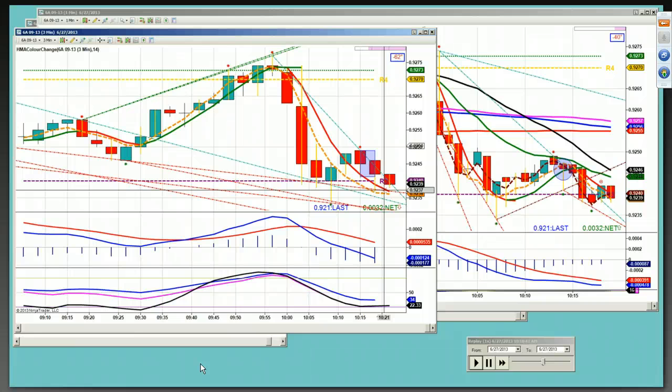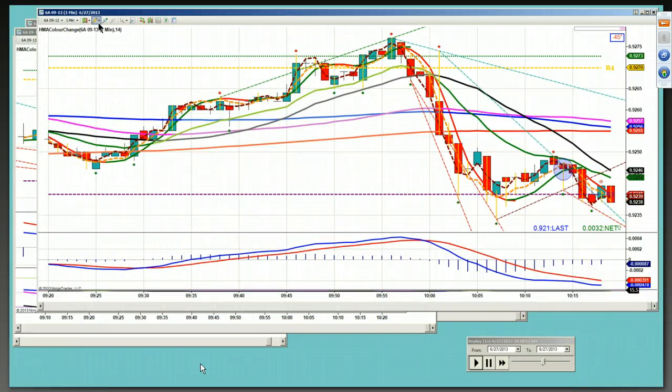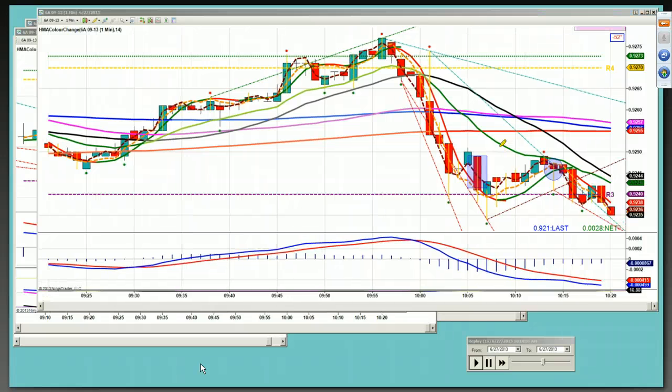The 5-minute timing is wrong. Yes, I was just using the example of what support looks like. You see here, look at the 1-minute chart. Even though we have the red candle on the inside of the HMA and it's red, I can trade the open, high, low, close of that bar.